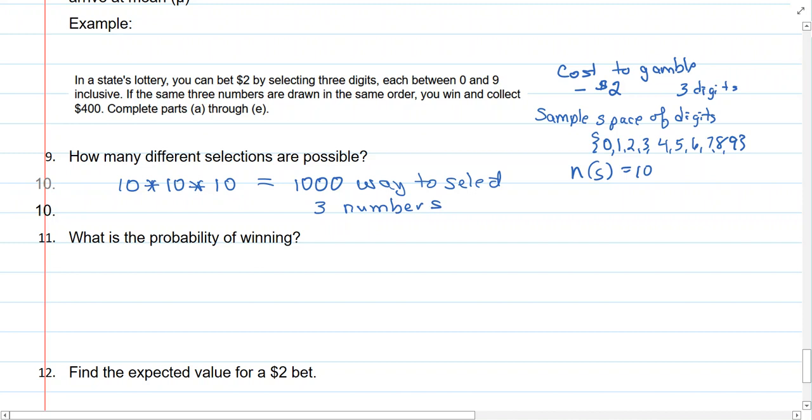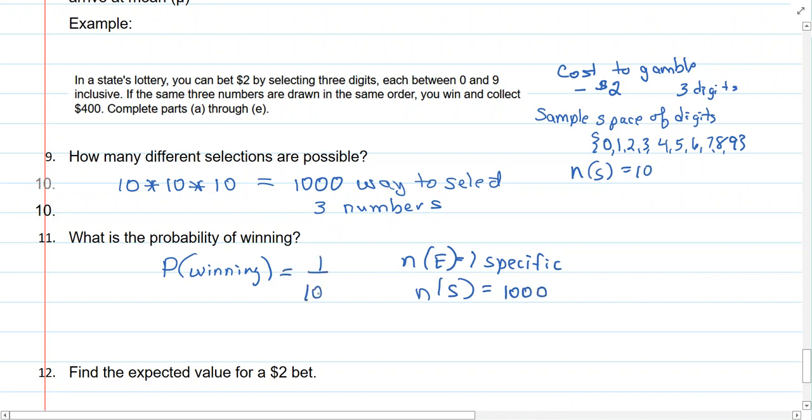All right. So now they said, what is the probability of winning? The probability of winning one specific number in our sample space of 1,000 is 1 out of 1,000.